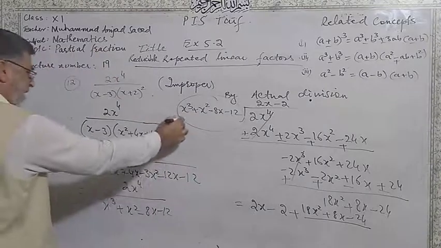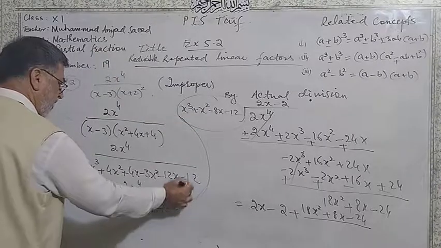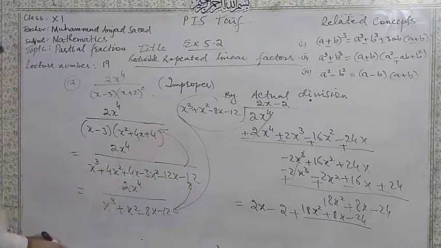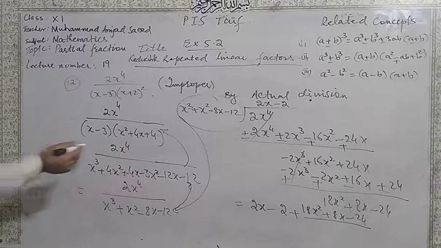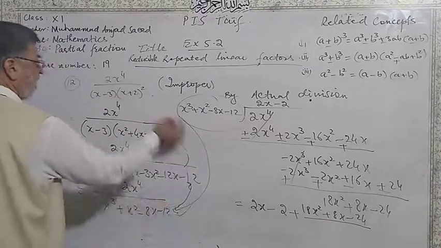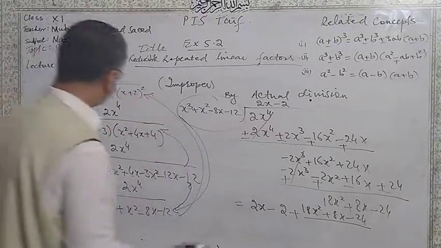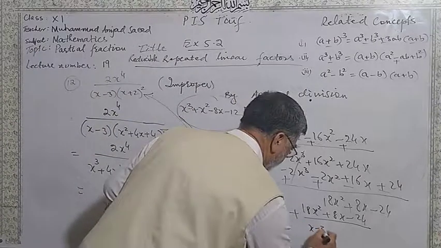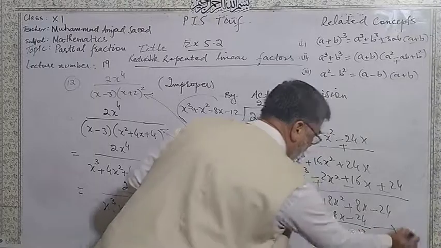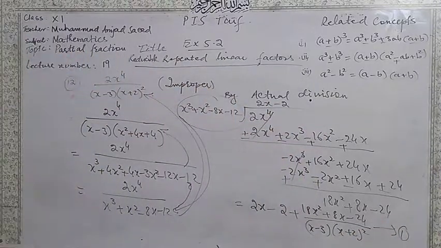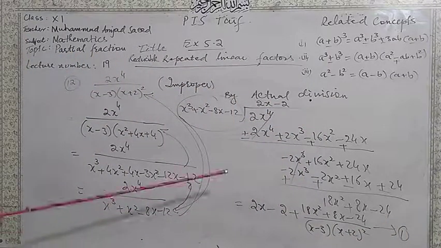Actually, this term came from here and from here. You can write down this term as this one and this one and this one even. The last one, from where it came? It was x minus 3 into x plus 2 square. This is your equation number 1.